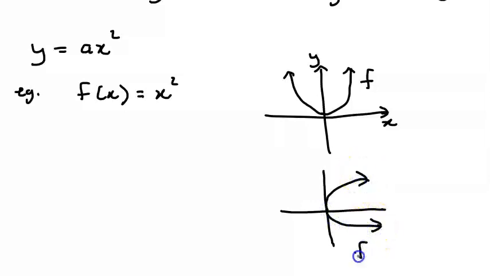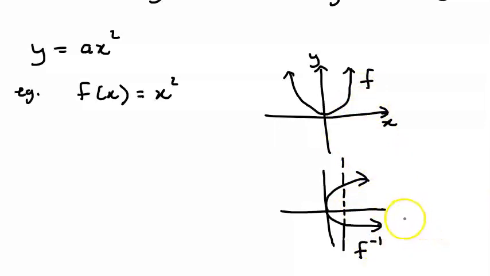Now as you can see, for f and f inverse, f is a function, but f inverse is not a function, because this would now become a one-to-many mapping. So from a many-to-one to a one-to-many mapping. Therefore, we have to restrict the domain of f in order for the inverse to become a function.